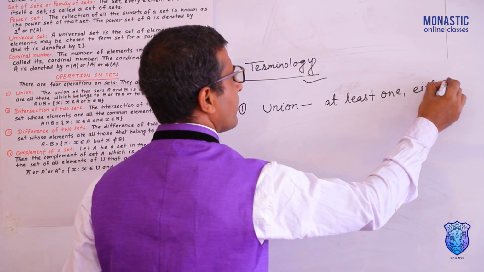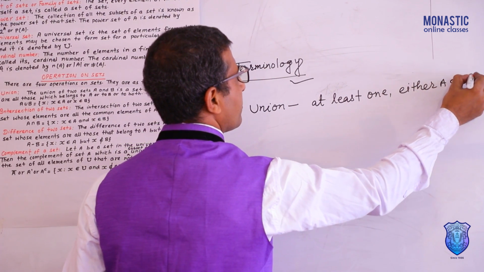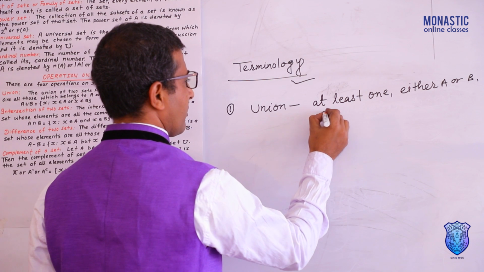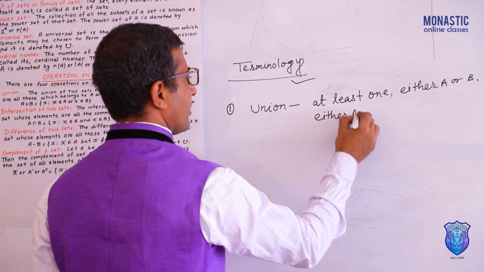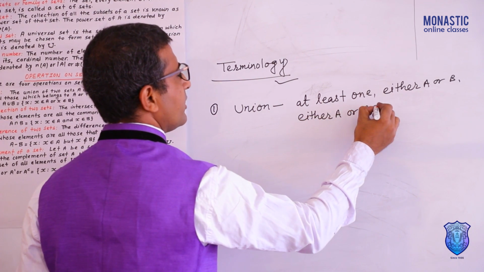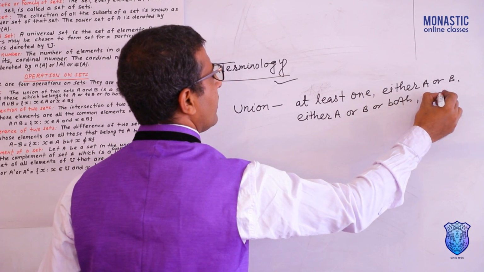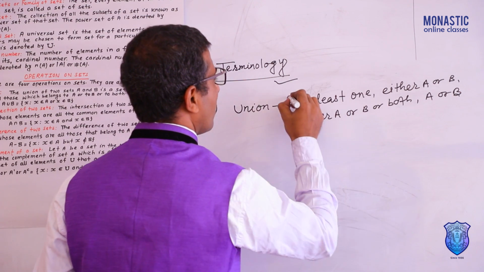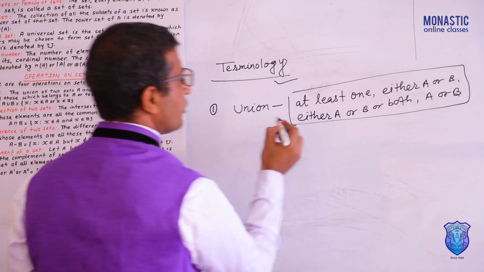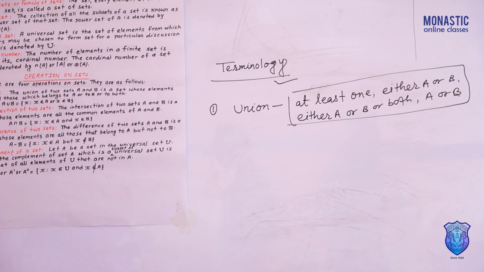First, for union, the terminology used is: at least one, either A or B, either A or B or both, A or B. All these will represent union. What does at least one mean?